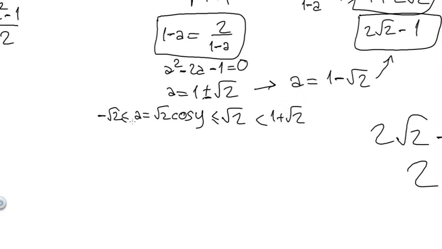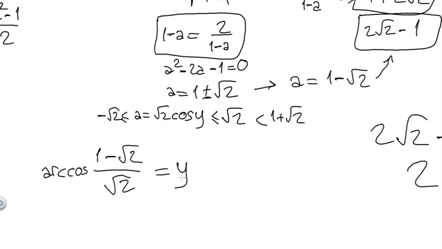So we said a is equal to this thing. Okay. So I want to first find y, and then I need x. So from here, I can say that a over square root of 2, so a is just 1 minus square root of 2, if I divide it by square root of 2 and take arc cosine of both sides, arc cosine, which is the inverse of cosine, this is equal to y.